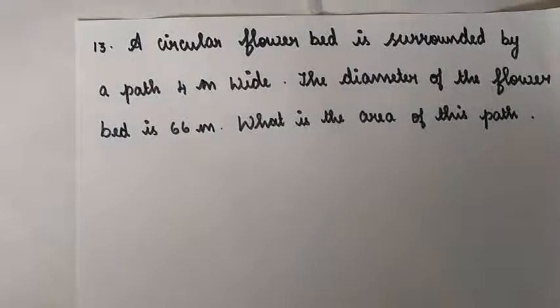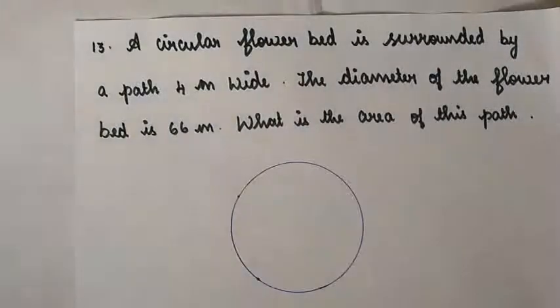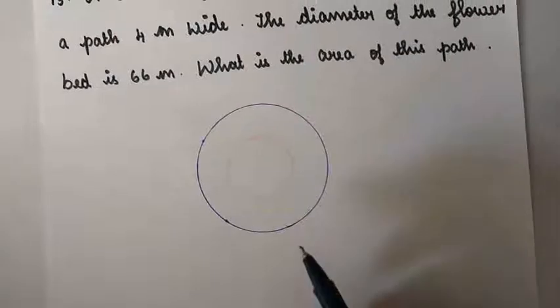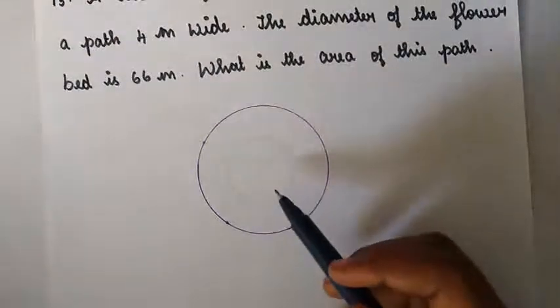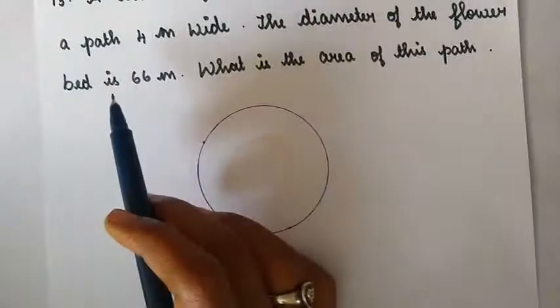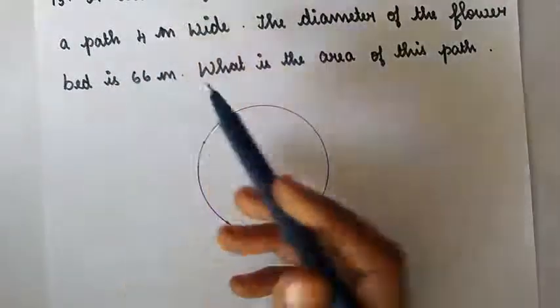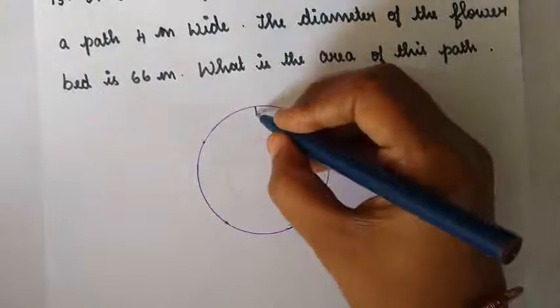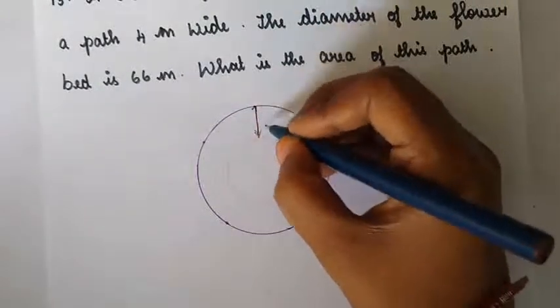So here also let us first try to draw a rough diagram. Okay, it will help us to understand the problem better. So we have a circular flower bed like this, and the flower bed is surrounded by the pot all around it like this. Then the question says the width of the pot is 4 meter.